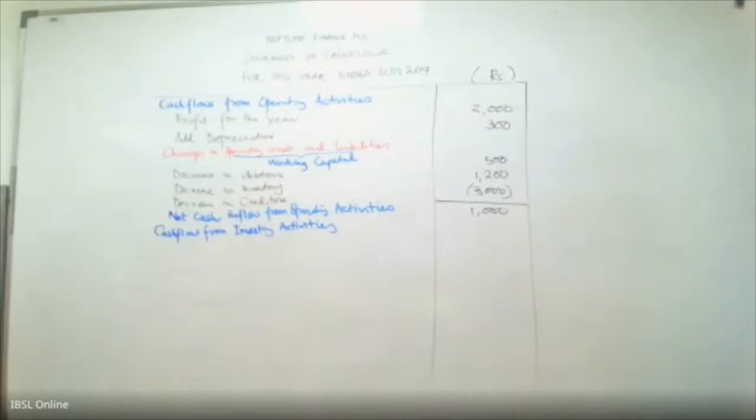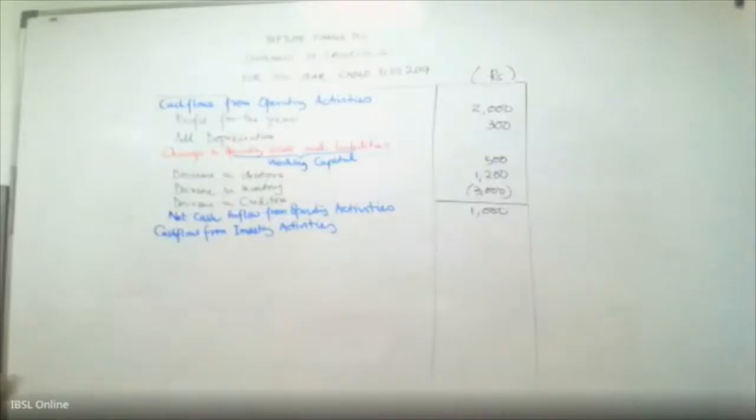So what are the long-term assets remaining? Investments and property, plant, and equipment. So you have to say what has happened to those two, right?